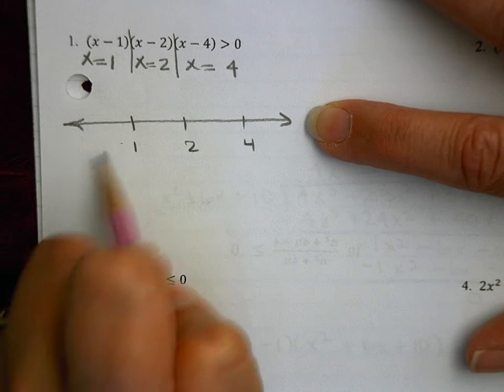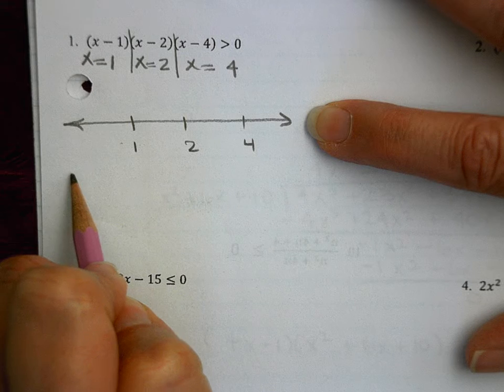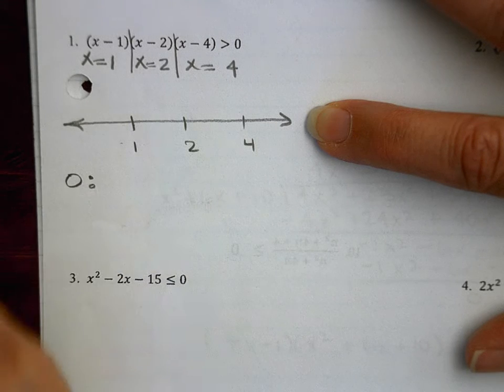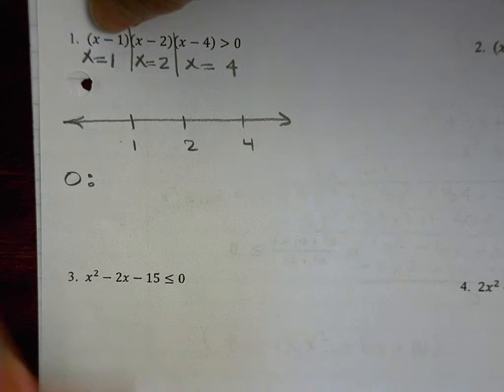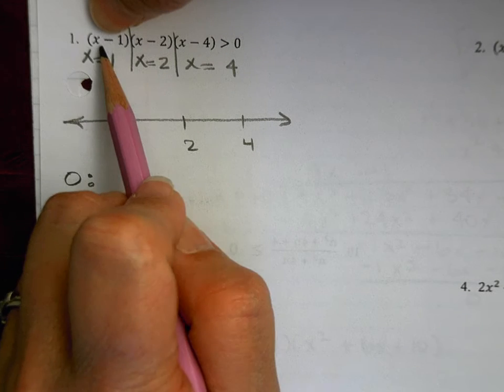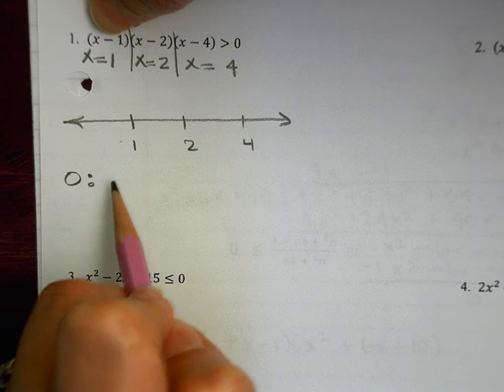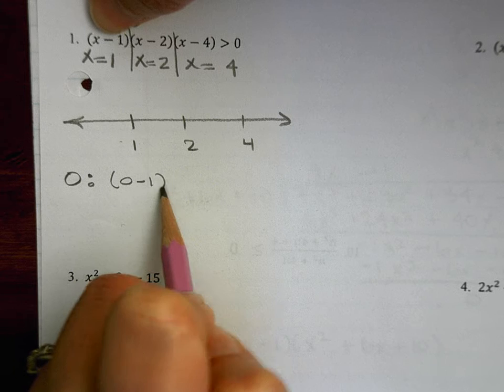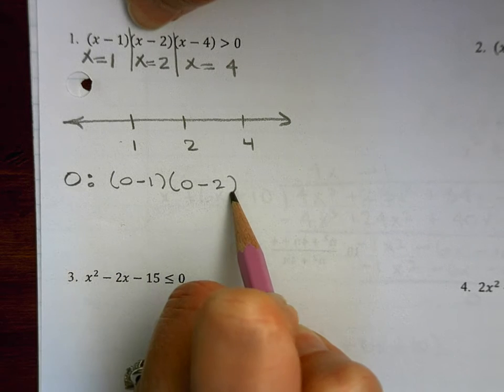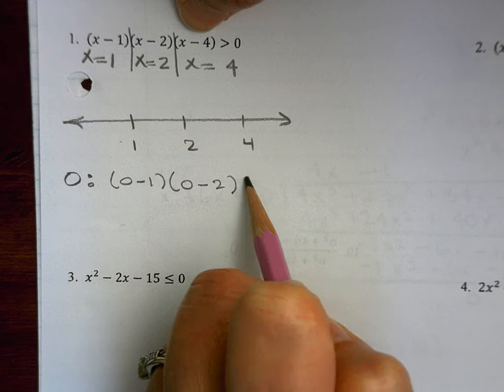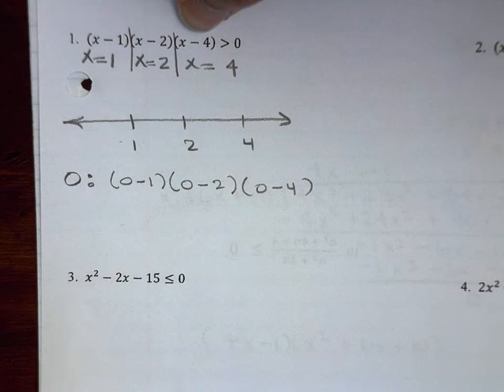into here. I'm going to choose a number smaller than 1, so I'm going to choose 0. And then I'm going to substitute it in. If I let x equal 0, I would get 0 minus 1, and then 0 minus 2, and then 0 minus 4.